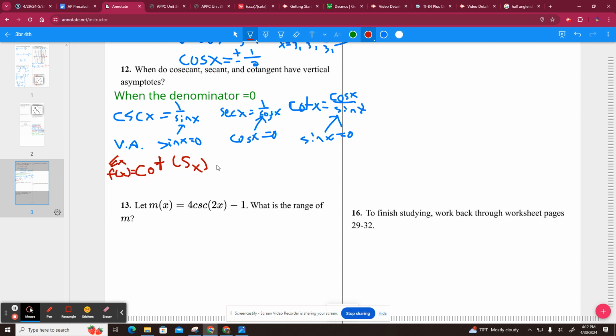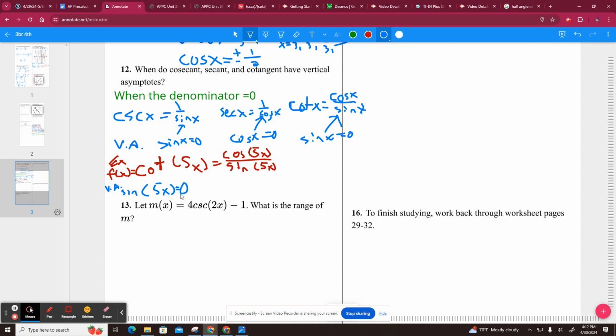So for my vertical asymptotes, I need to write this in terms of sine and cosine. So this is the same thing as cosine of 5x over sine of 5x. So it's when the denominator, sine of 5x, equals 0. That's when I'm going to have my vertical asymptotes.